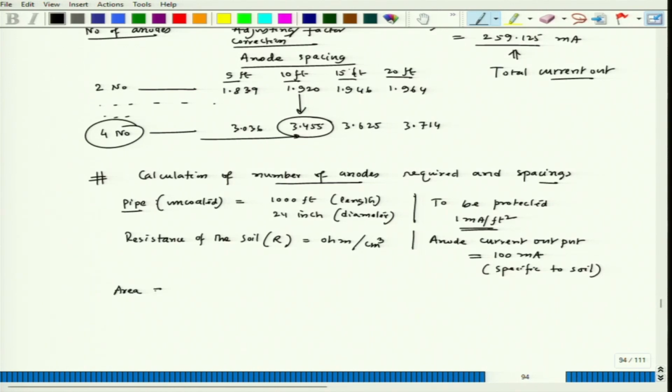Now, the area of the pipe we can calculate: 2 pi r h, 2 into 3.14 into 24 into 1000.